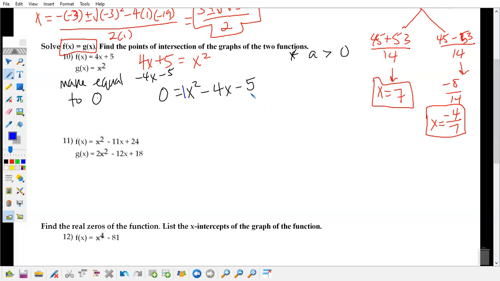So I'm asking myself what multiplies to give me negative 5, but adds to give me negative 4. A negative 5 and a positive 1. So x minus 5 and x plus 1 are my factors.